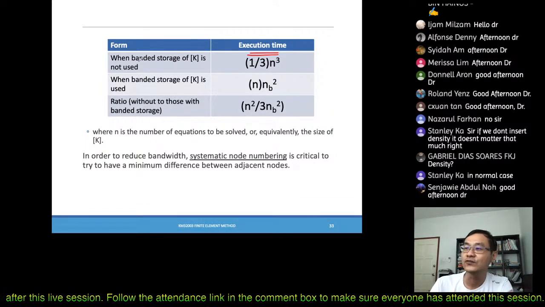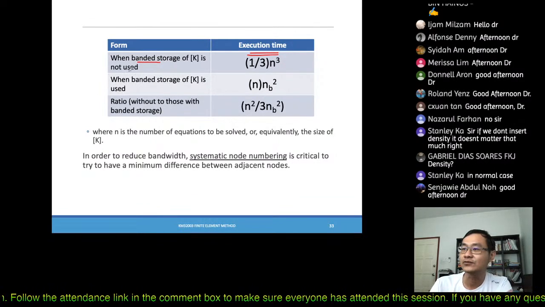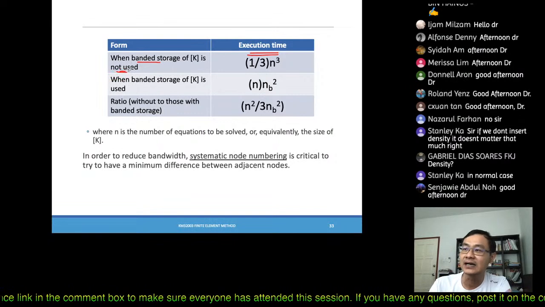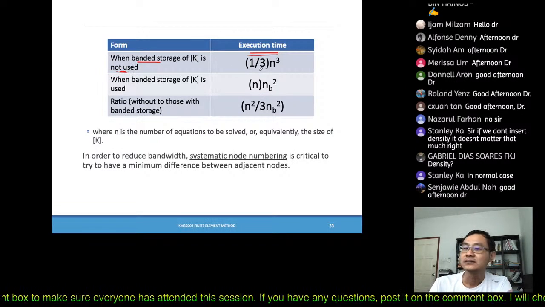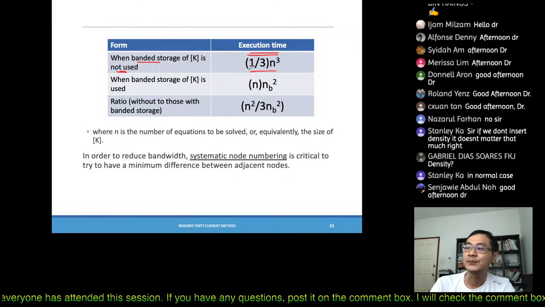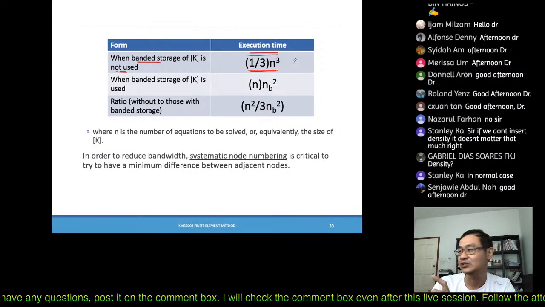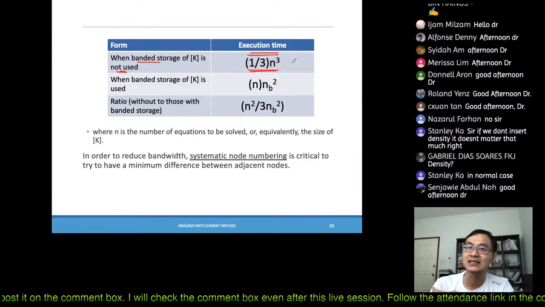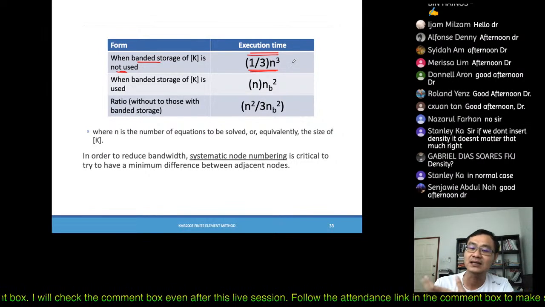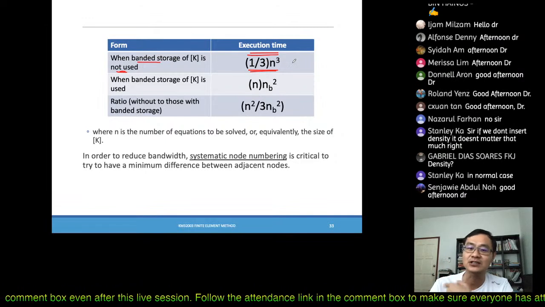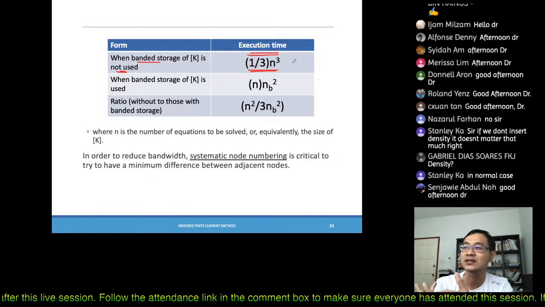So if we don't use the banded storage method, then the computer may need this amount of time. The unit is just, we don't know, maybe seconds or minutes. It's just a value for us to illustrate.